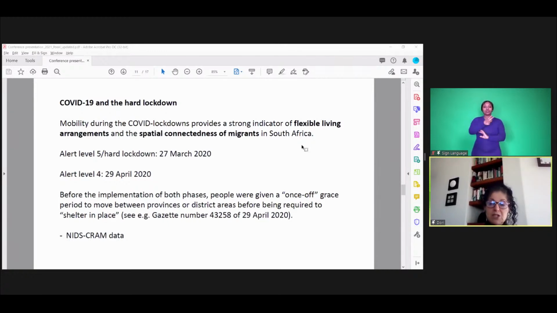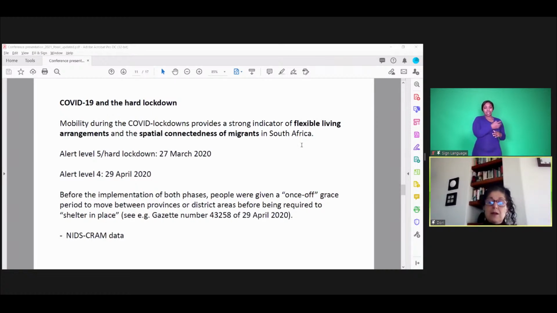Before the implementation of both of these phases, people were given a once-off grace period to move between provinces or district areas before being required to shelter in place. The NIDS CRAM data that were collected during these lockdown periods provide a measure of the extent of mobility that occurred during these 2 grace periods.